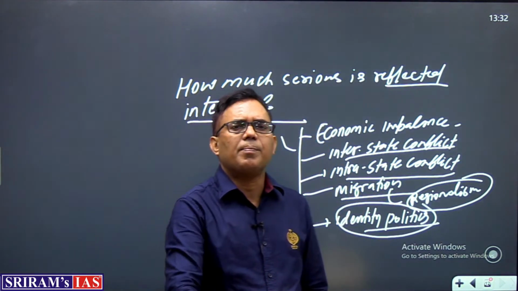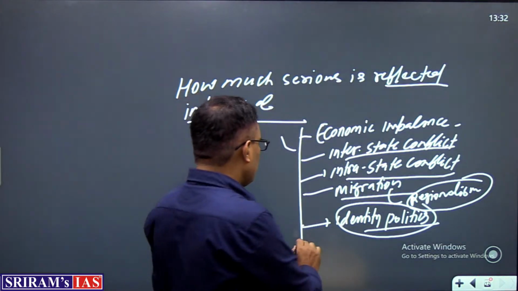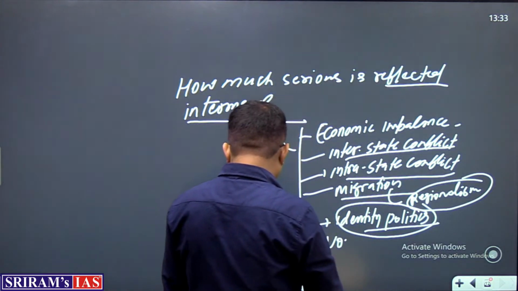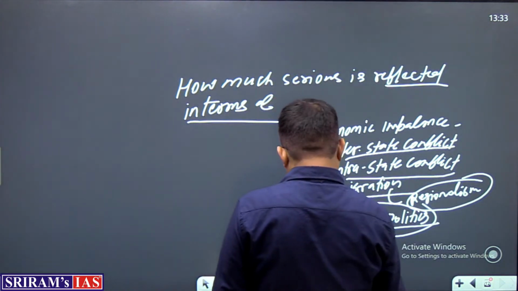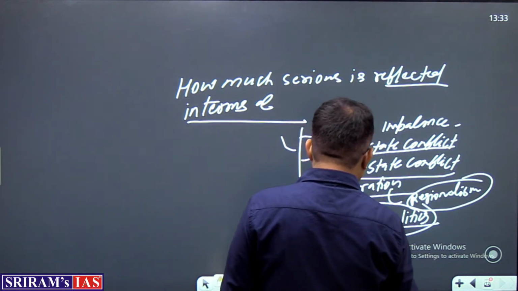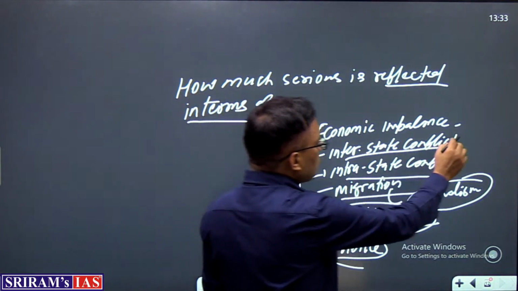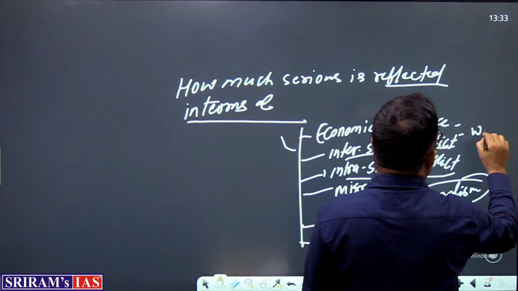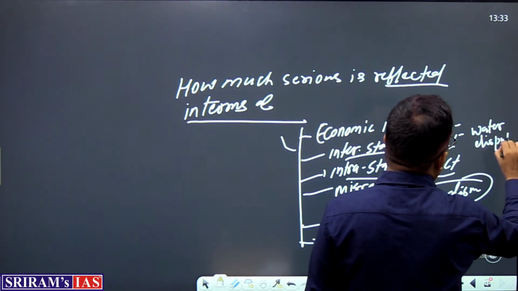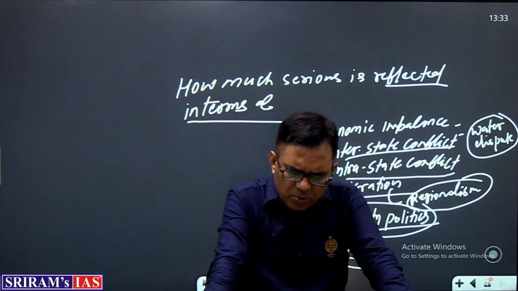And identity politics sometimes leads to a fight, and can be a source of violence in society. This is most frequently reflected, for example, in water disputes, sometimes resource disputes.